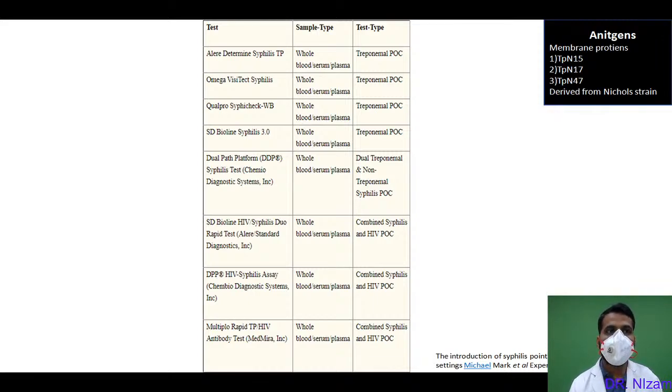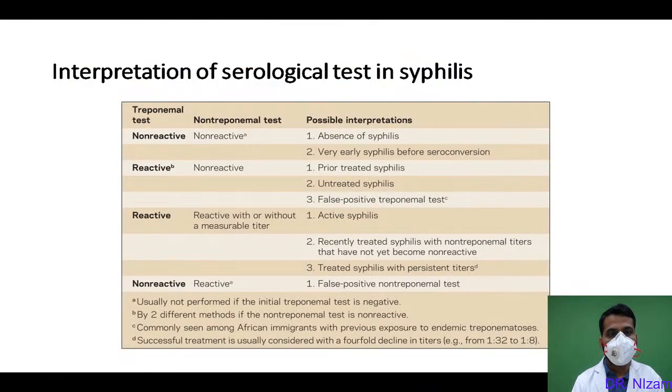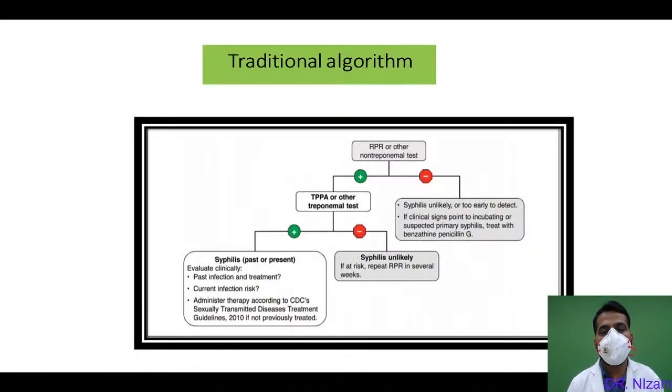Now, going to the algorithm which has been used traditionally and the newer trend is this. The algorithm we have used since a very long time is the traditional algorithm. As soon as the sample comes for syphilis, test it with the non-treponemal test, for example RPR. If it is reactive, then go for a treponemal test, that is the TPPA. And if it is non-reactive, the interpretation could be that syphilis is unlikely or too early to detect.